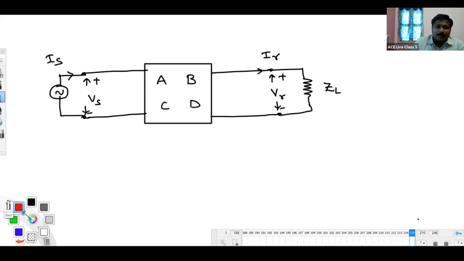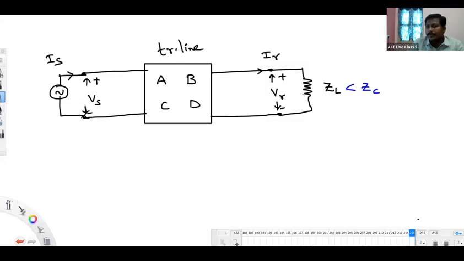First we'll talk about reactive power, for ZL less than ZC. This load we have shown here, is it absorbing any reactive power? No, because it's a resistive load, so it won't absorb any reactive power. So Q load is zero.